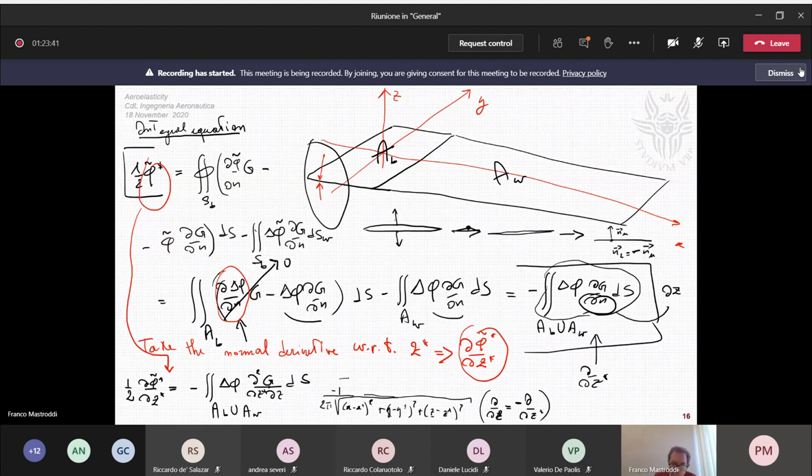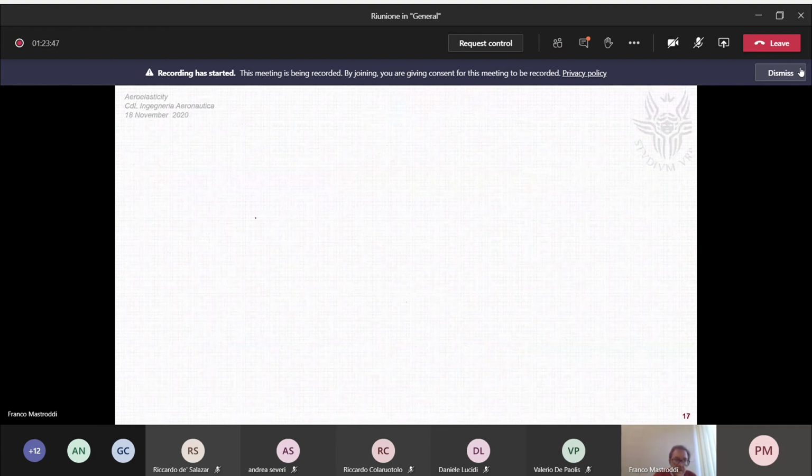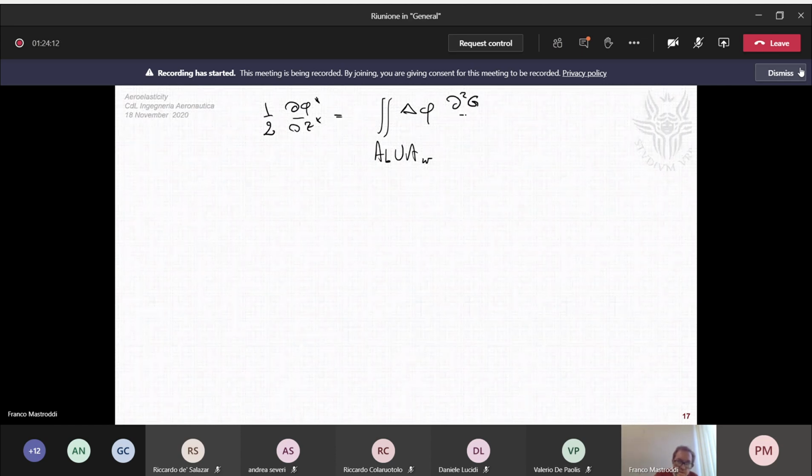Let me use another page to be clear. We have that 1/2 of the derivative of phi on zeta star, x star is equal to the integral on body and wake of delta phi by the second derivative of G with respect to zeta star and zeta, dx dzeta.